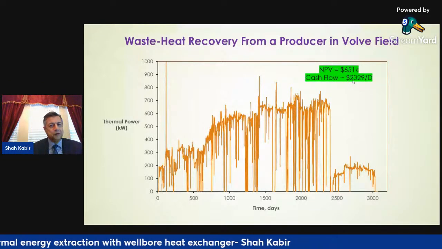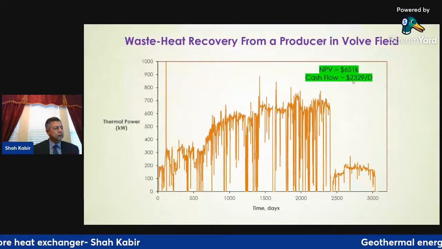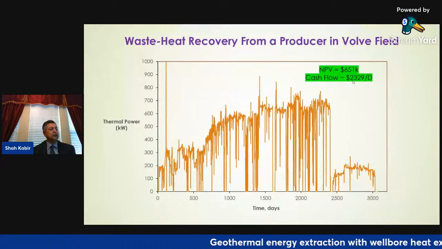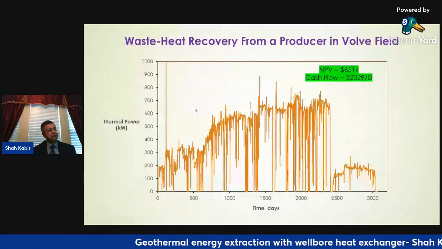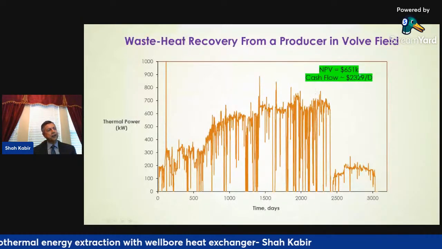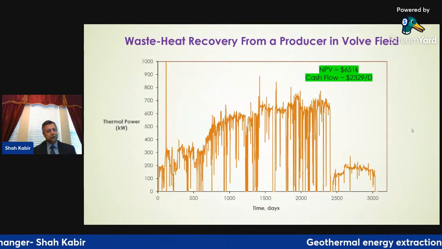I know the field has been abandoned, but if we could go back in time and retrofit, we could have harnessed that thermal energy and made this kind of money. Question is, why not? We're doing it all over the globe.